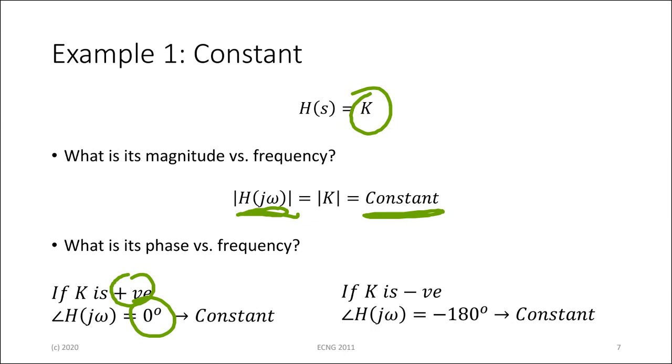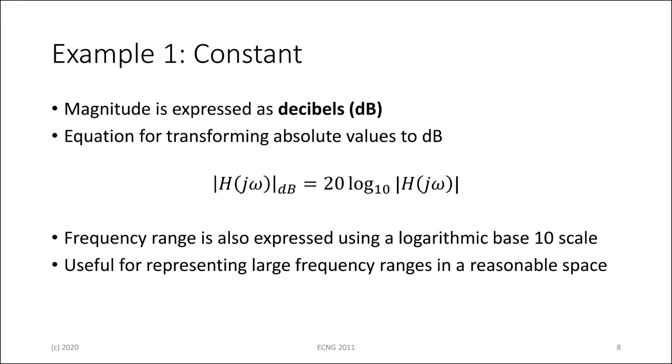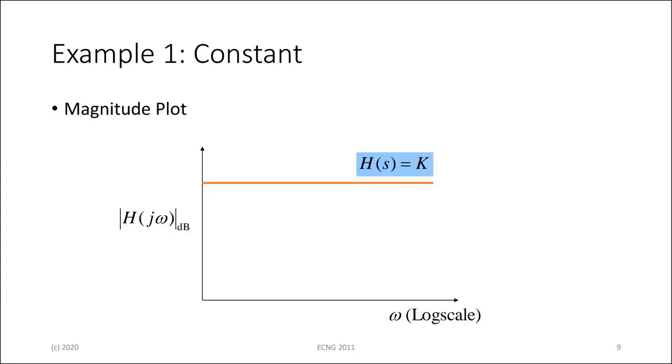So if H(s) is a constant, then for the Bode plot, you transform it into the log scale in decibels. So if H(j omega) is a constant K, then it's going to be 20 log K, whatever that happens to be in decibels. So you plot it out, and this is what the magnitude plot is going to look like.